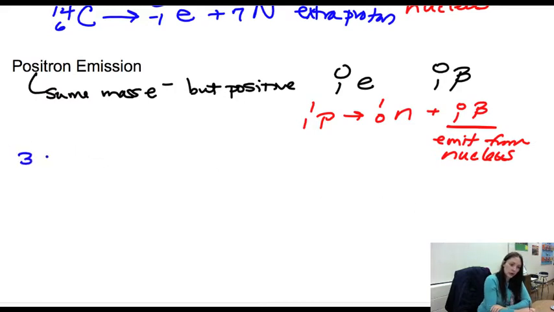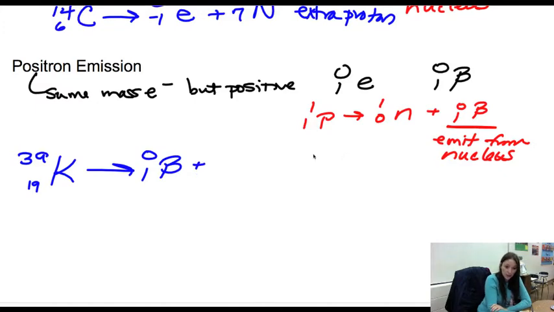So if I start out with potassium-39, potassium's number 19, it's going to positron emit, or emit a positron. It's going to be 0, 1, beta. Notice how I'm going to end up with my same number of total protons and neutrons.